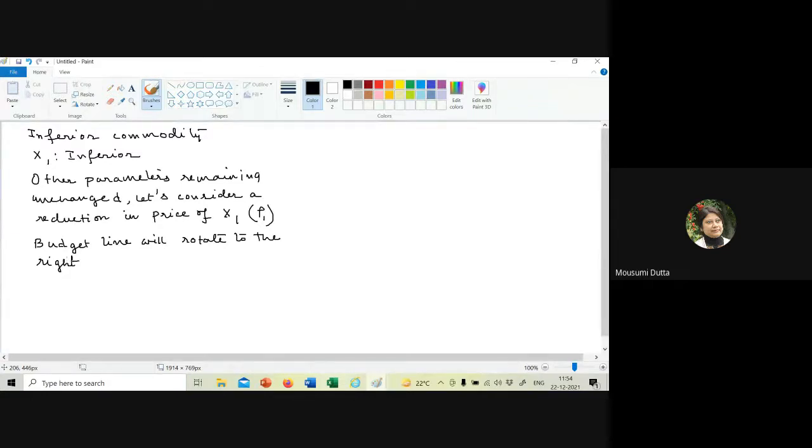Okay, you know this thing. And there will be a change in consumer's equilibrium. So you know all these things. So let's see.